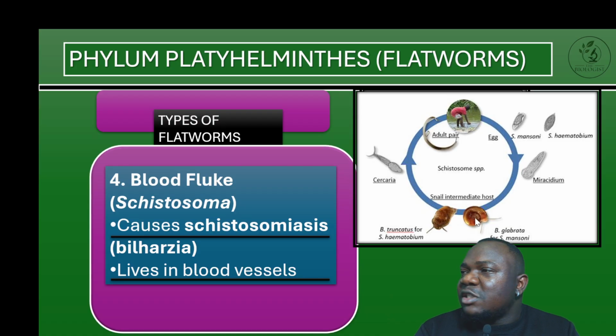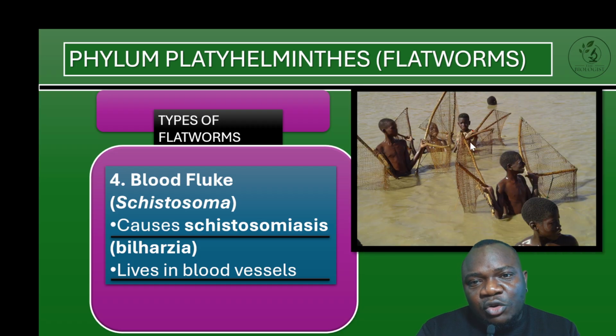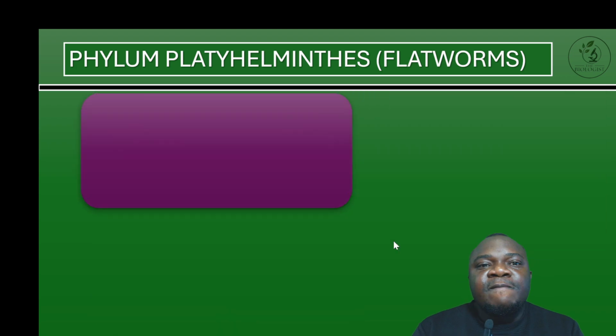So because these snails serve as a host, they release the larvae in the water. And when they release the larvae in the water, all those people who come there to fish, once the larvae get to the skin, what happens? They get infected by this parasite, and they get a disease called what? Schistosomiasis. All right, and this schistosomiasis is caused by a parasite called Schistosoma, also known as your blood fluke. All right.